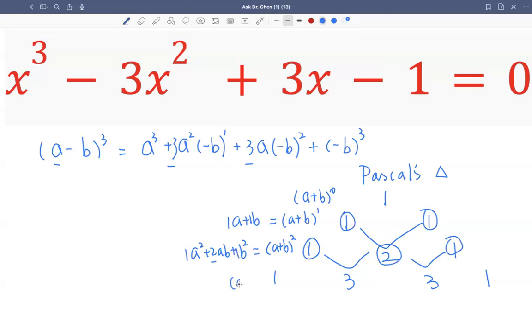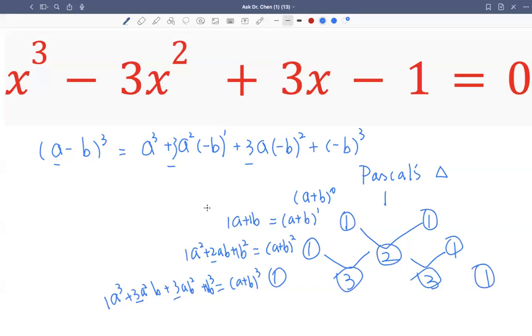And this one is (a plus b) raised to 3. So we get a cubed plus 3a squared b plus 3ab squared plus b cubed. And this one is the coefficient of this one. This is the coefficient of this. The next 3 is the coefficient of that. Then this 1 is the coefficient of that.